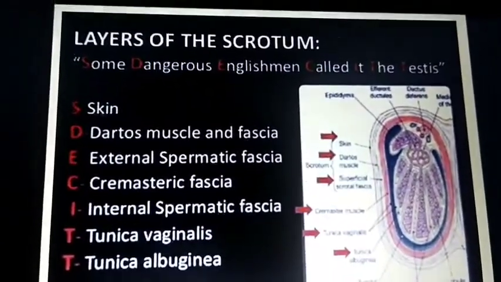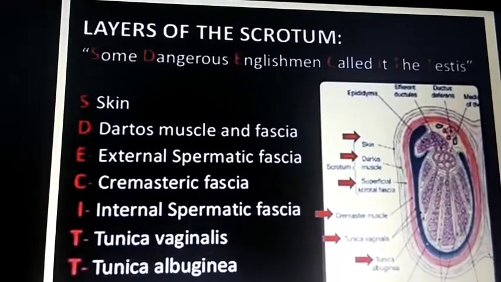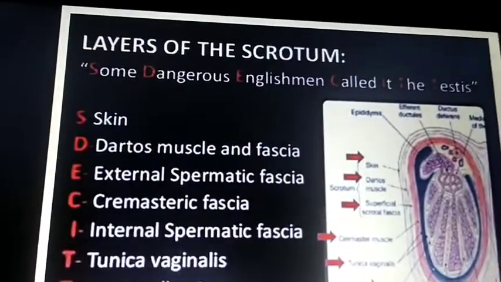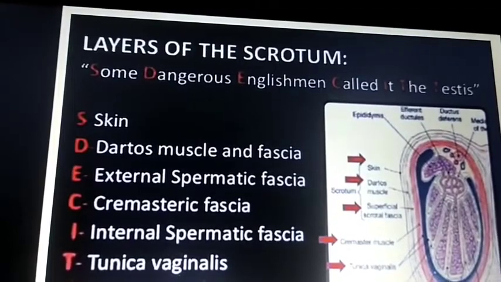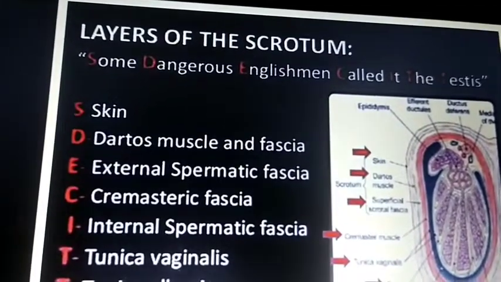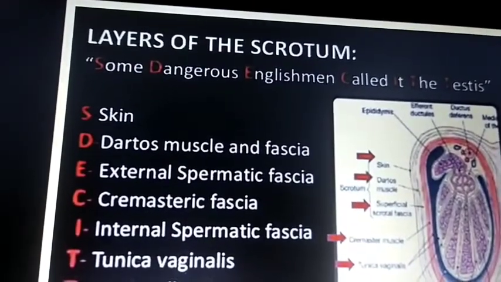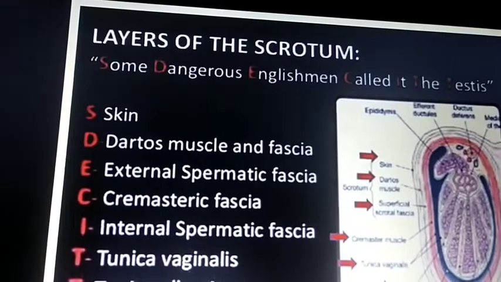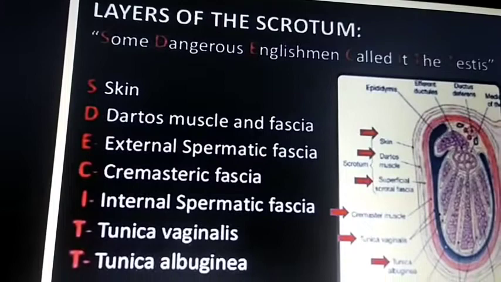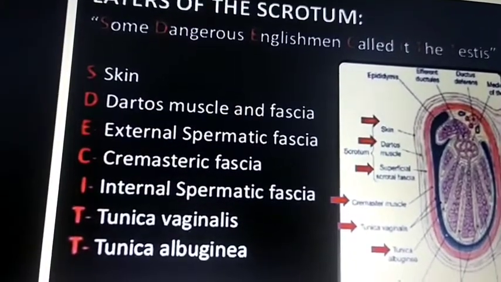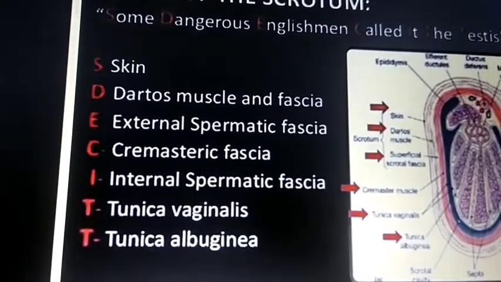The formula is: Some Dangerous Englishman Called It The Testis. S for skin, D for dartos muscle and fascia, E for external spermatic fascia, C for cremasteric fascia, I for internal spermatic fascia, and the double T is for the tunica vaginalis and tunica albuginea.